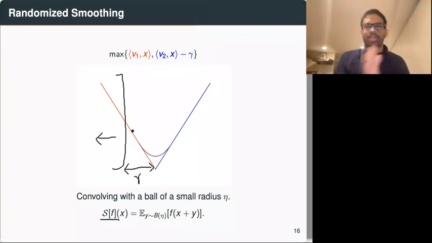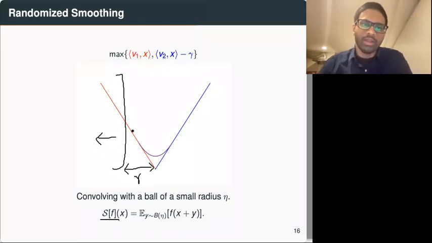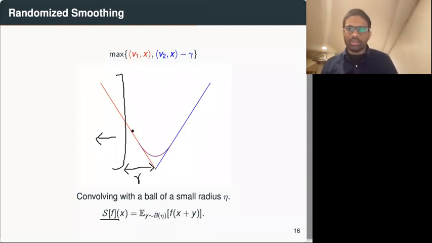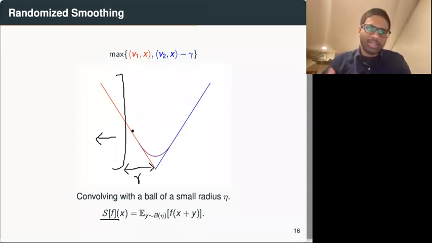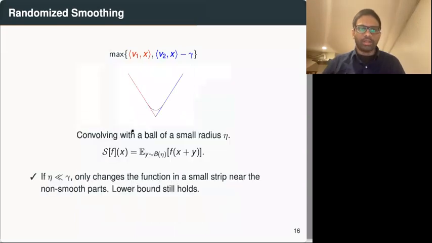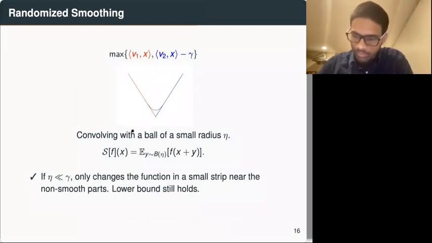Our first query is always landing far away from the points where these meet. So if you do this convolution, our first query is not even going to notice that the function has changed. It's still only going to learn V1. It has no idea. Nothing about V2 has seeped into the first query. And this is exactly what I said. If eta is much smaller than gamma, then the lower bound still holds.